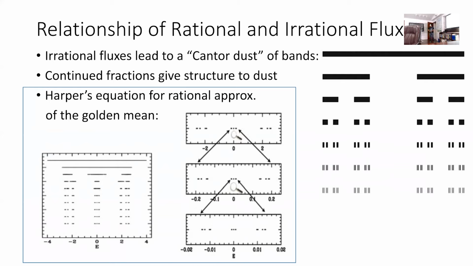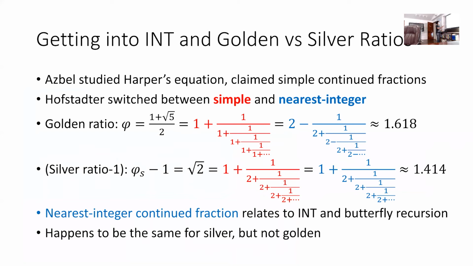We have -2 to 2 here, but then we zoom in, so we go from -0.2 to 0.2, and then we zoom in by another factor of 10, and we see the same pattern reemerging self-similarly. And now we mathematically understand that it's because in the continued fraction expansion, when I use the nearest integer expansion, these numbers are all the same.